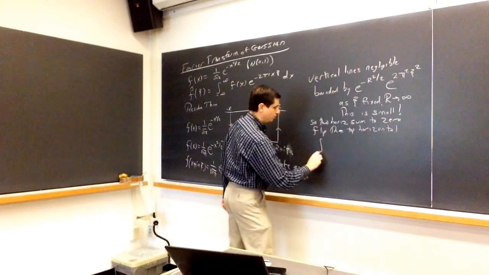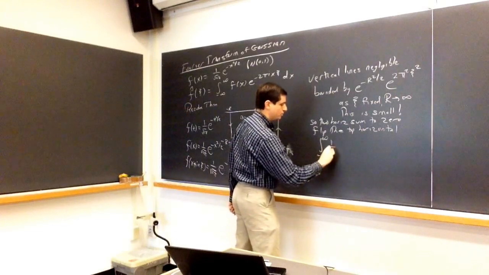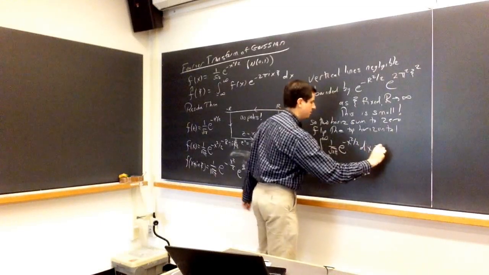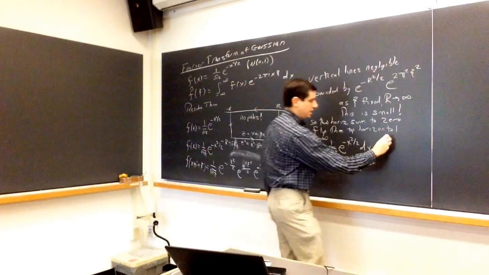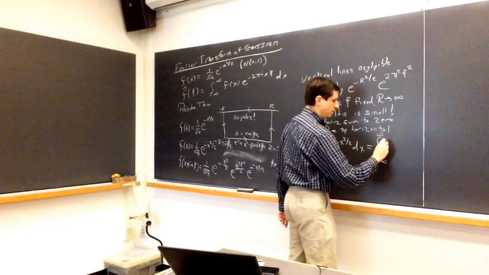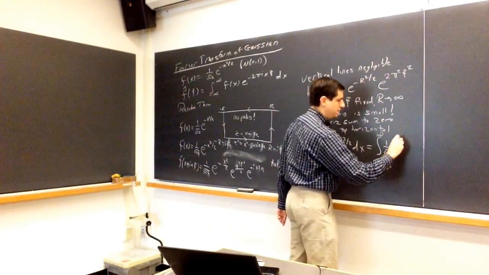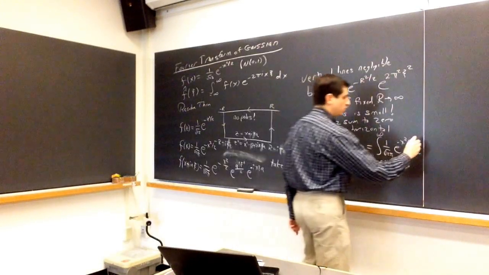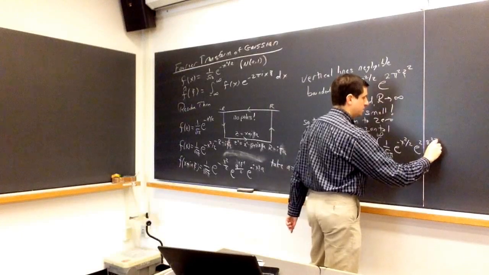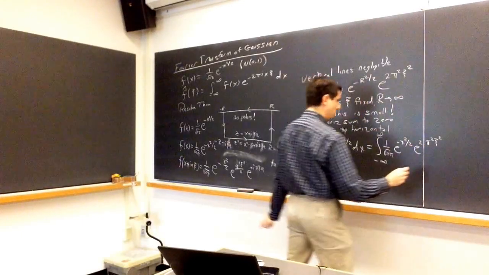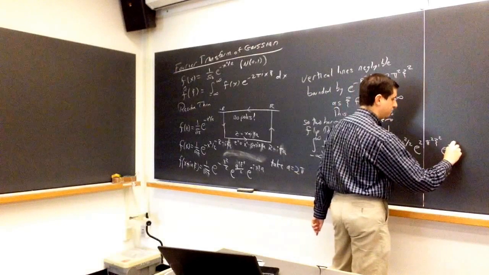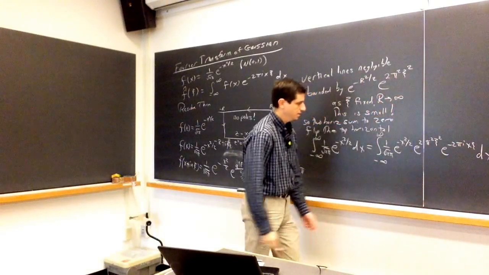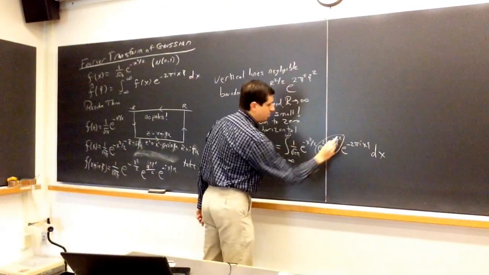And we get the integral from minus infinity to infinity of 1 over square root of 2 pi e to the negative x squared over 2 dx is equal to this piece, integral from minus infinity to infinity, 1 over square root of 2 pi e to the minus x squared over 2 e to the 2 pi squared c squared e to the negative 2 pi i x c dx. And so we just pull this piece out.